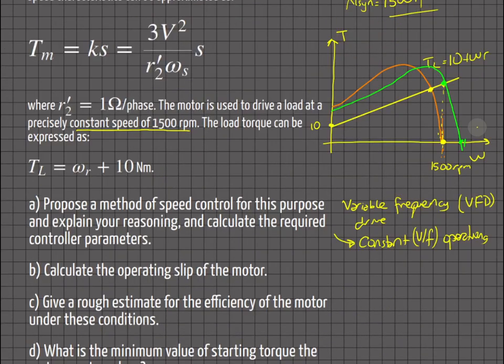In radians per second, I know what that distance over here should be. It has to be 28.4 radian per second, so I will have that required torque.